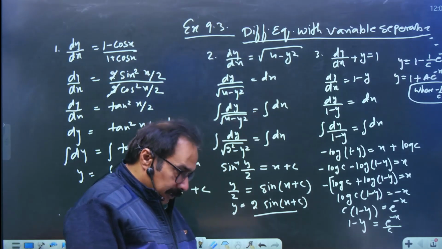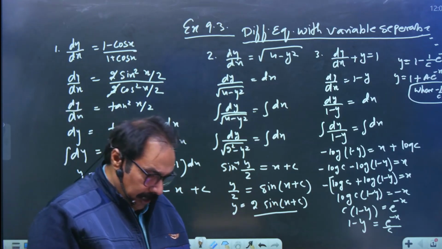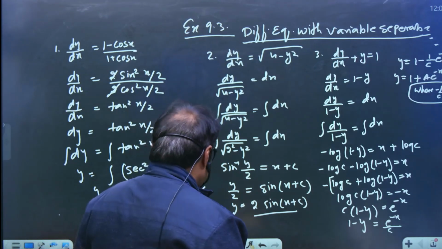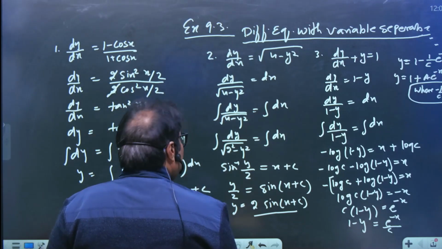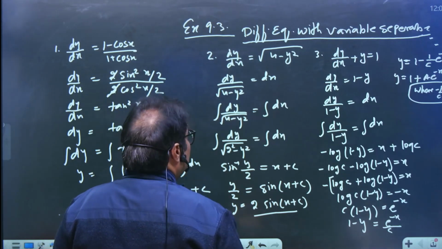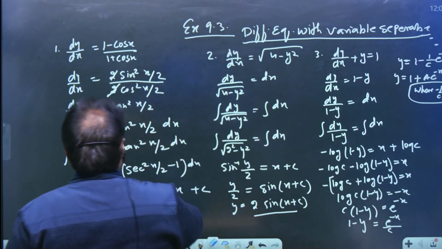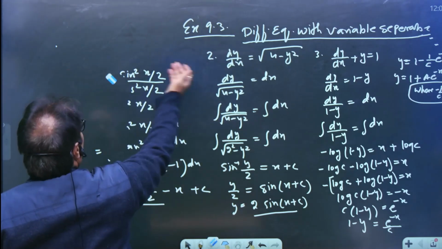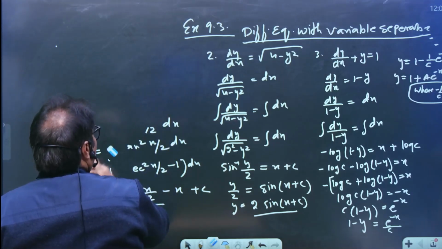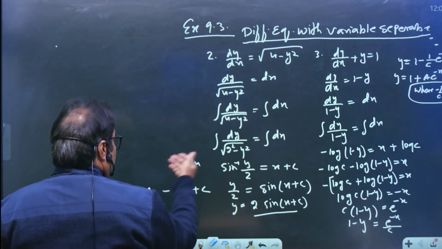So anyhow, this is the solution of this question number 3. Okay, got it? Any doubt? Okay, now move to question number 4. Question number 4 I am going to solve.